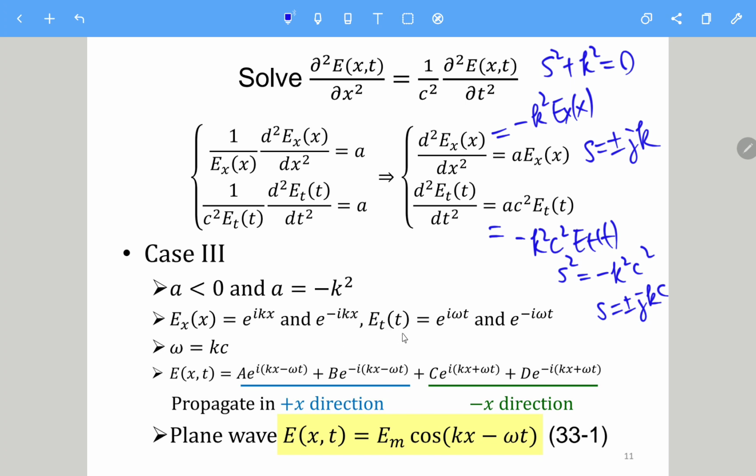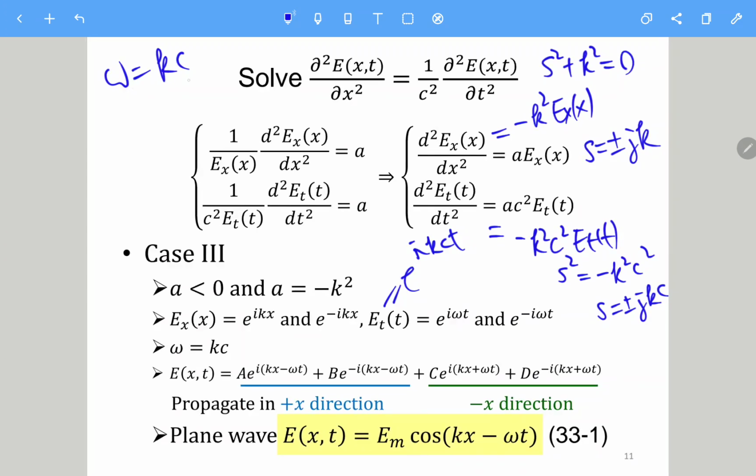And also et of t: we originally should have jkct, something like exponential to i kct. And here we will have kc equals omega. Omega equals kc, if you still remember.